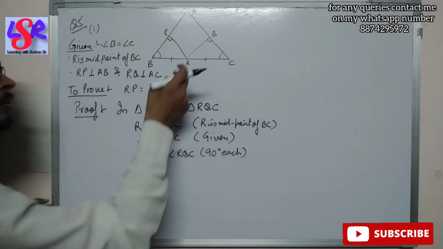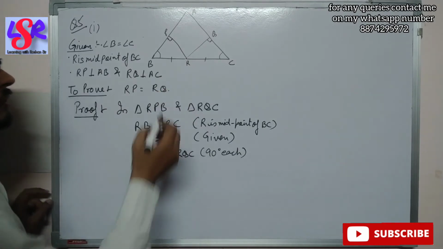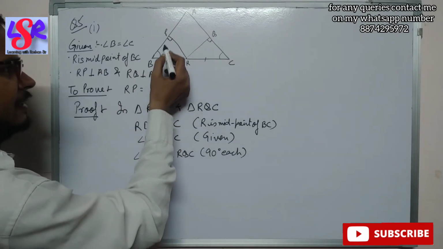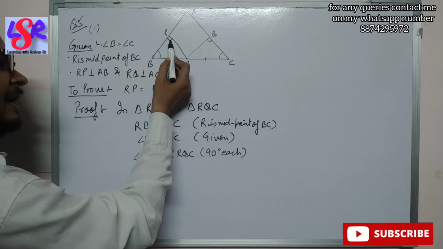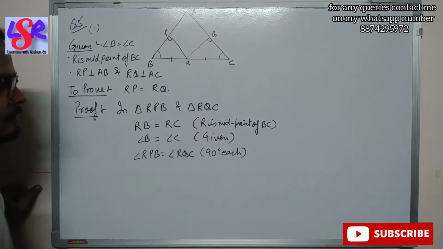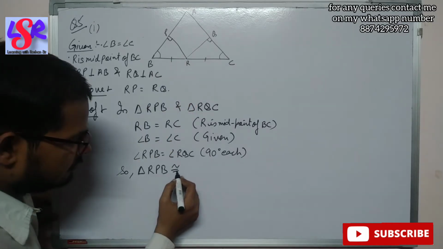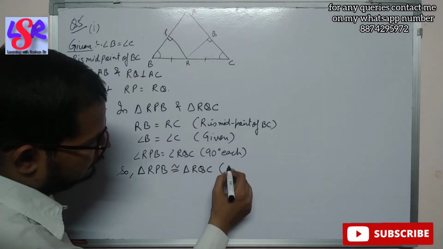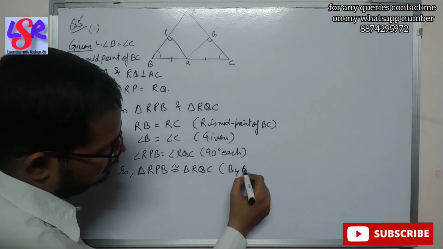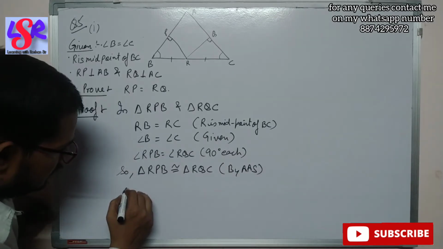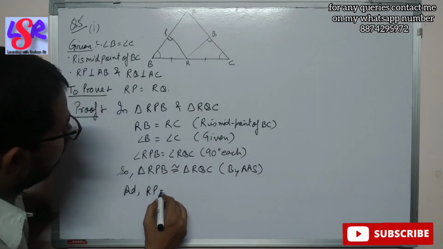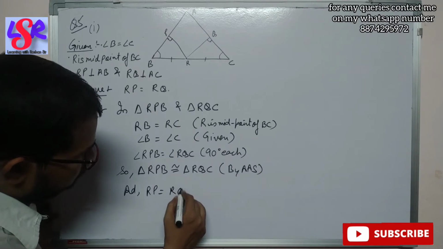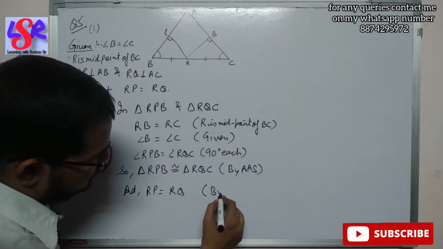Now, while proving these two triangles congruent, we have used this side, this angle, and this angle. So, angle, angle and side. So here triangle RPB is congruent to triangle RQC by AAS, and RP equals RQ by CPCT.